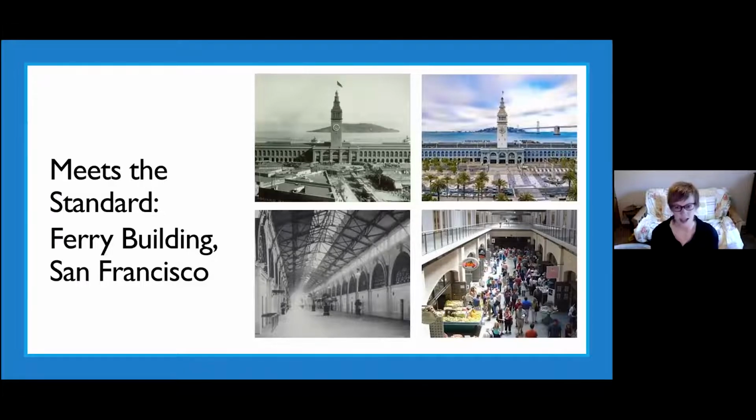You can see here on the exterior, all those key features have been retained. And on the interior, you still get that big interior volume. They've added new market spaces, but you still get a sense of the interior spaces that were there historically.